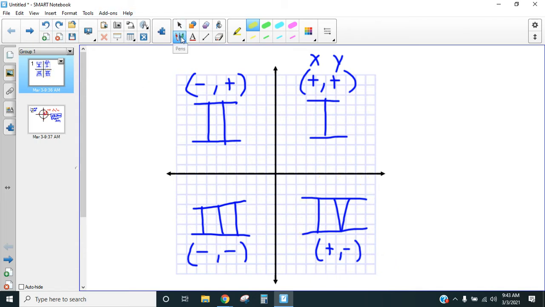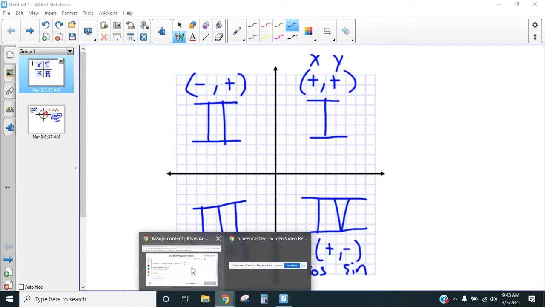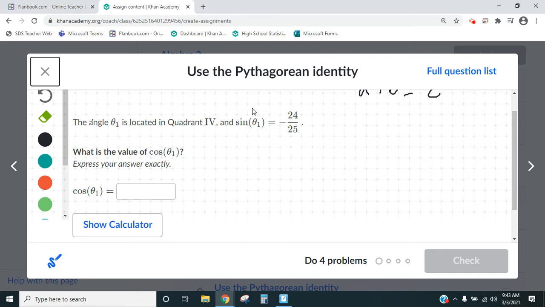Okay. Now, another way to think of that is instead of x and y, we think cosine and sine in alphabetical order. That's the way I taught you to remember it, right? So the cosine of an angle would be positive here. The sine will be negative. Let's go back to the question. If the sine is this, what is the cosine?